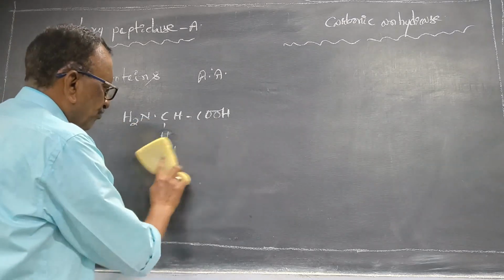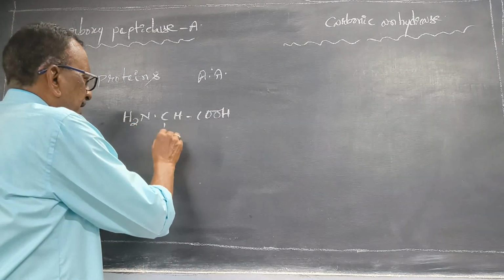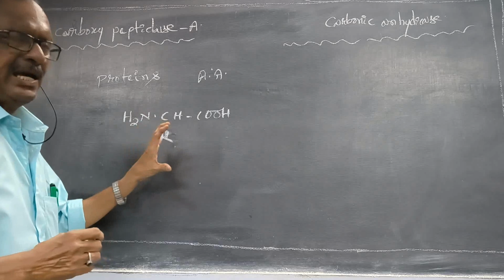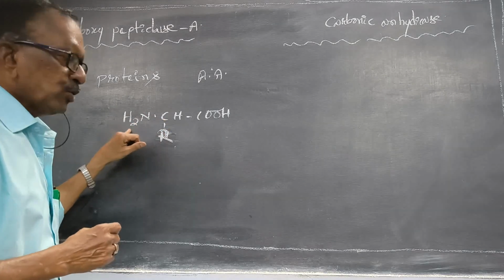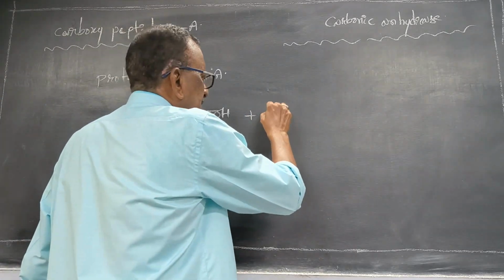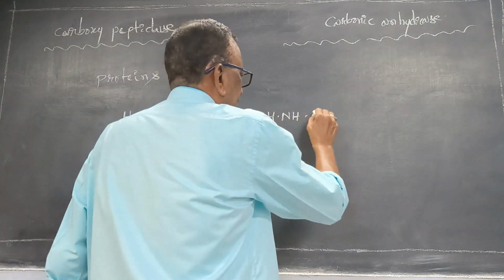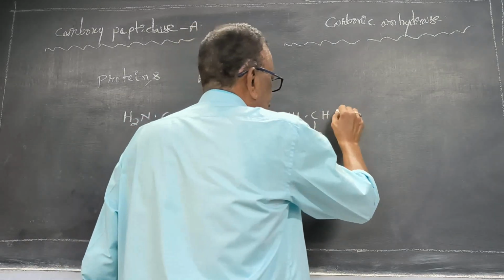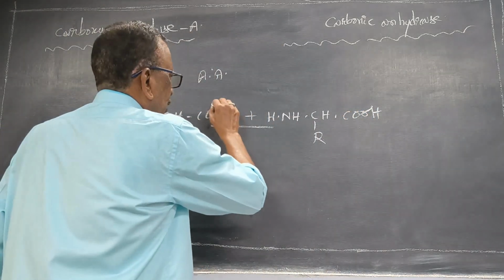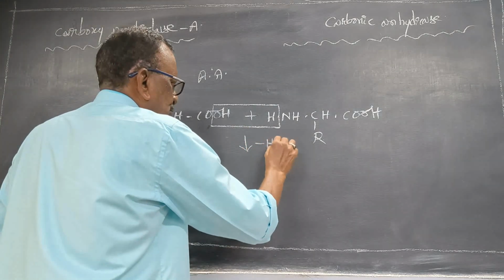Now let us see how these amino acids combine. This is one amino acid; I am writing its general formula, with alkyl group R, and R may vary. It must have two functional groups, the amino group and the carboxylic acid. Now I take another amino acid, H2N, CH, R, COOH. The OH from one amino acid and one hydrogen from the other are lost as H2O.